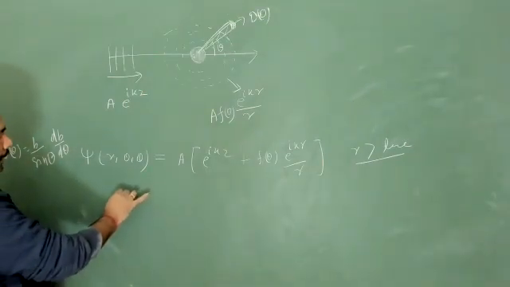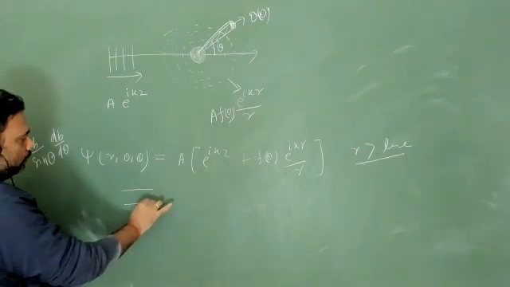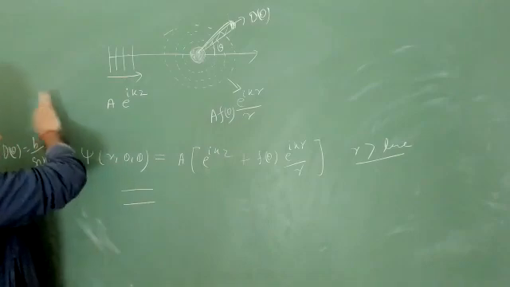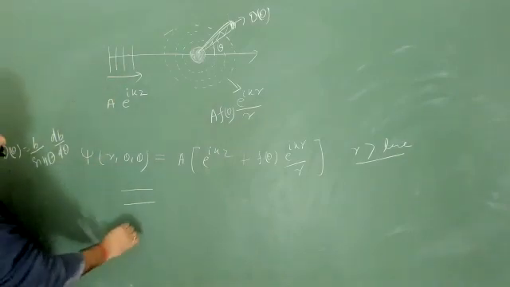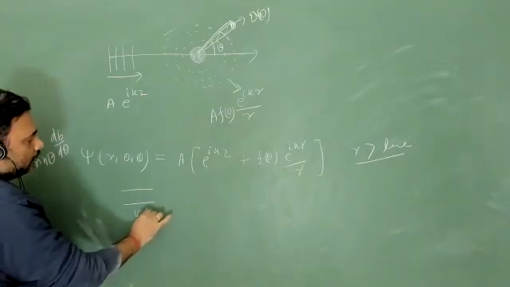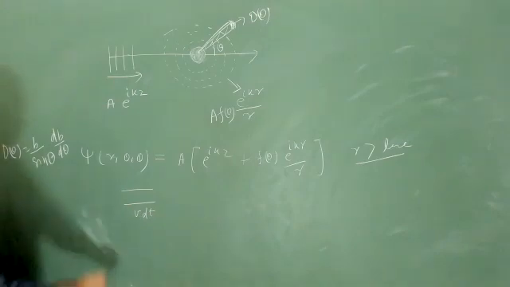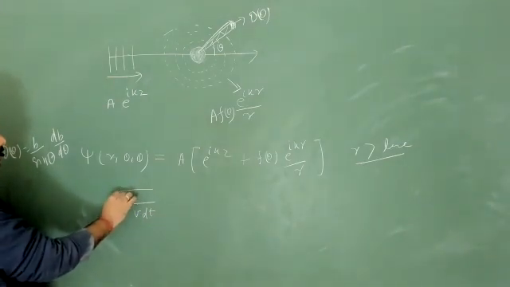Suppose in a unit time, and suppose the particle is coming freely, so it is with a constant velocity. So in some time dt, it is traveling a distance v dt, and this is the cross section area.